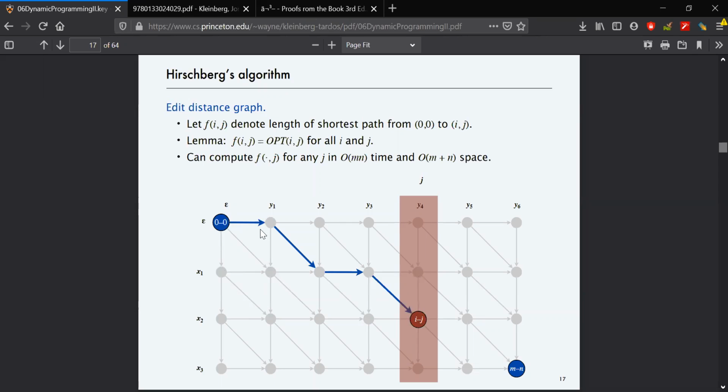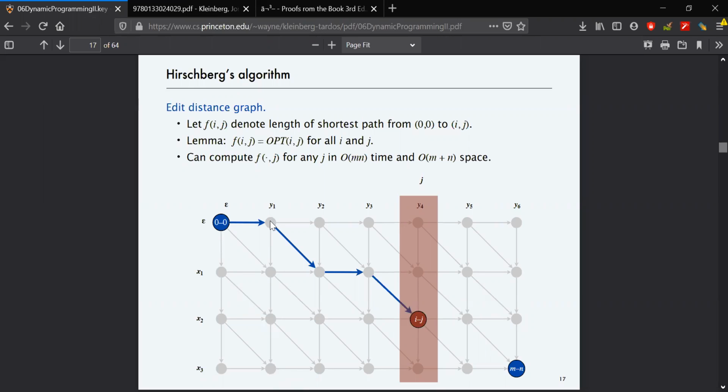If I want to fill this column, assume that this column is fixed. This is a base case, we'll fill it beforehand. Assume that this column is already filled. How will I fill this column? If I know all the values in this column, can I fill this? Of course I can fill this value.